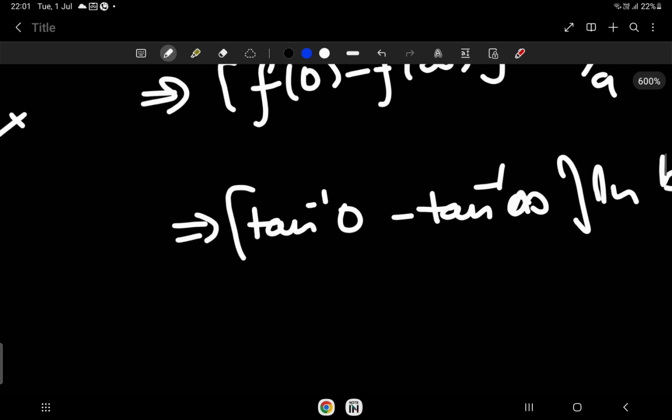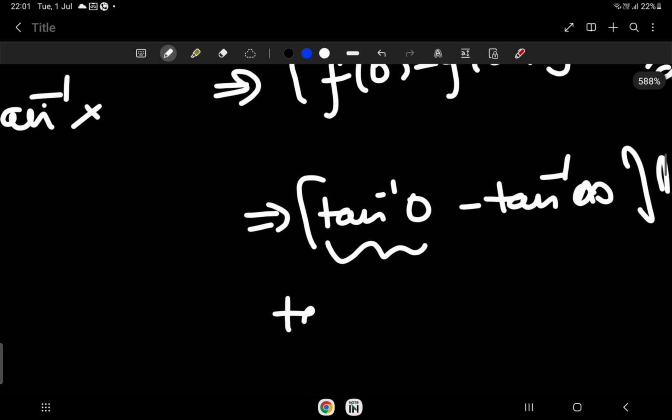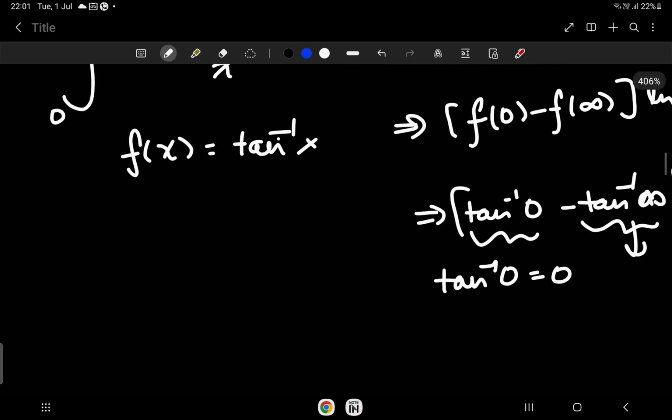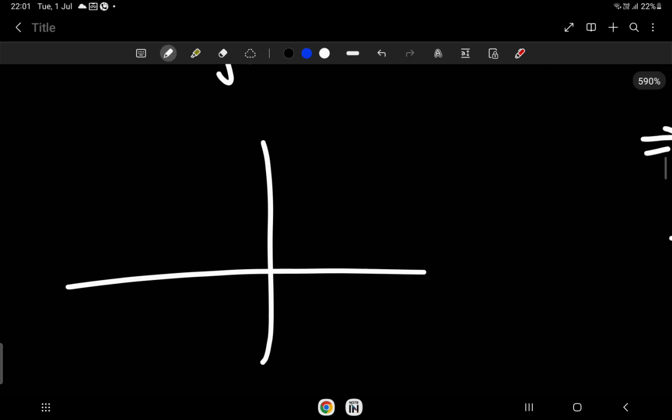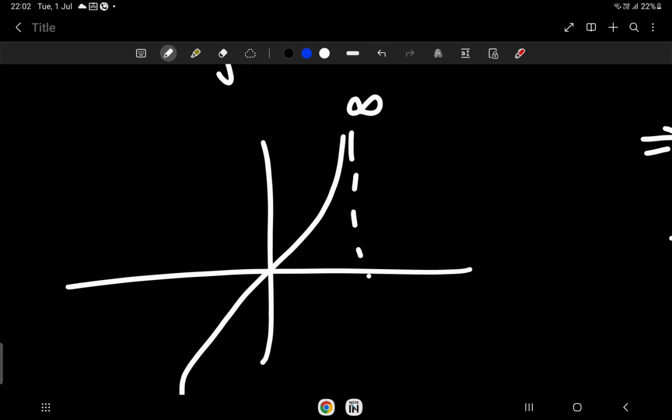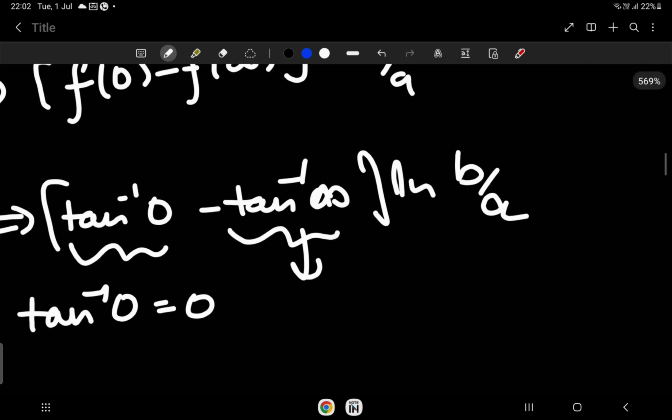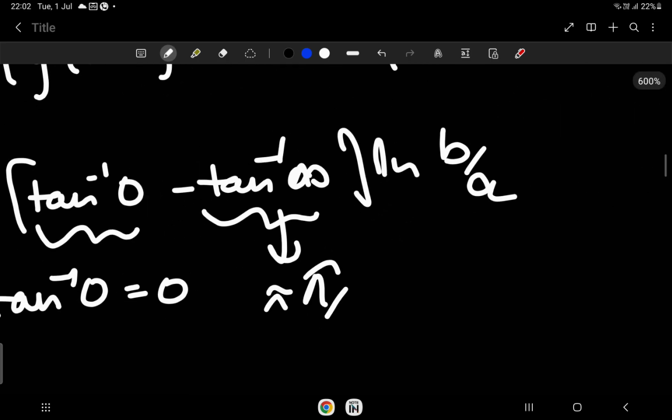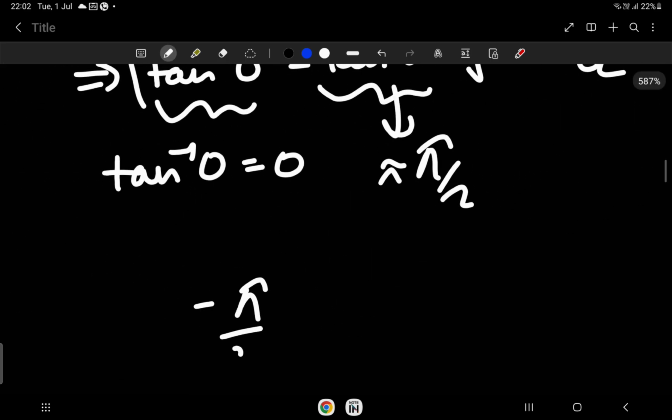Now tan inverse of 0 is 0. What is tan inverse of infinity? For the principal range, if you draw the graph of tan x, infinity is achieved at pi by 2. So this gives us minus pi by 2 ln b by a.